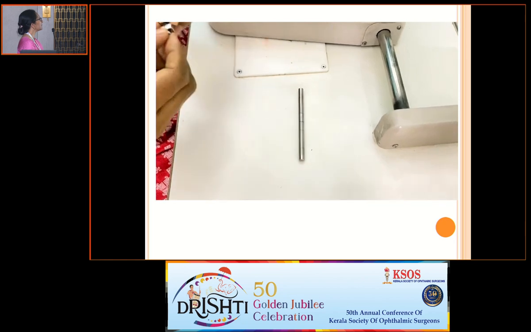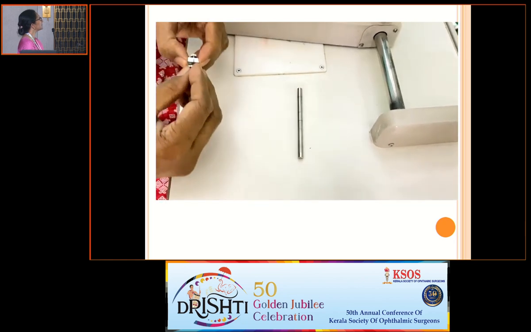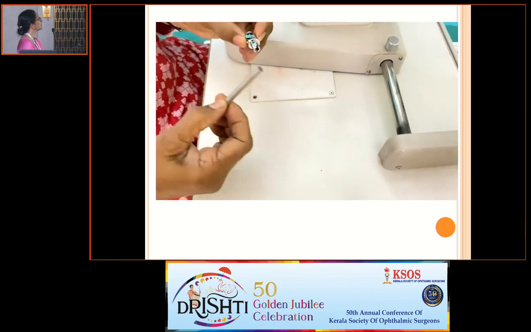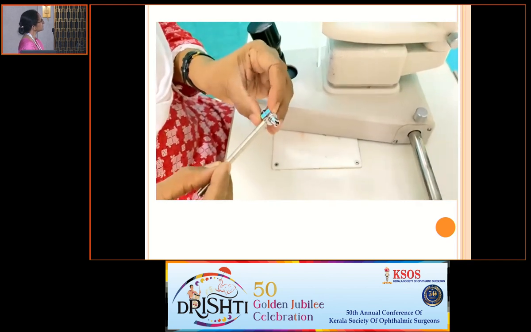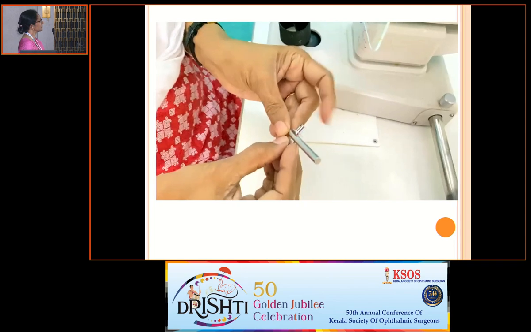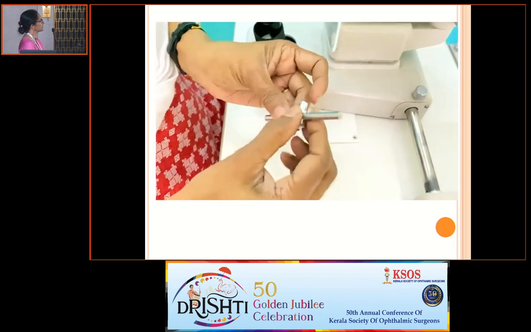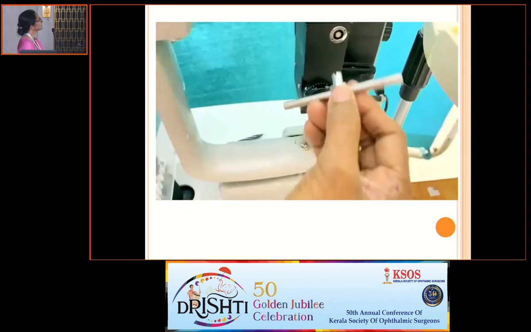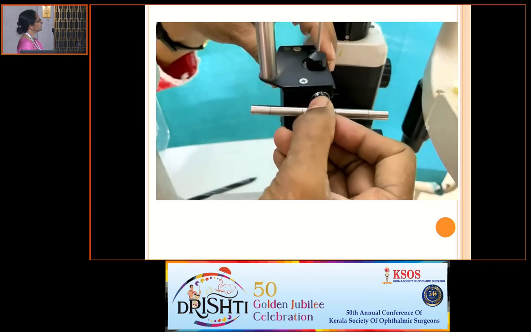There is an adjustable weight holder to insert this weight bar. So we can insert the weight bar into the weight holder and insert the weight holder onto the slot provided on the side of the tonometer.